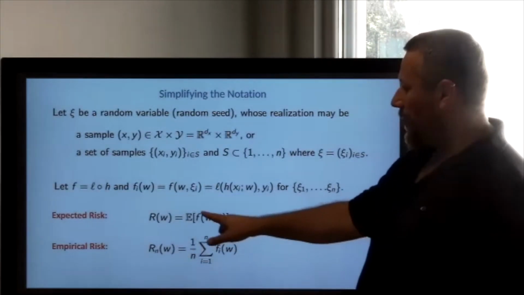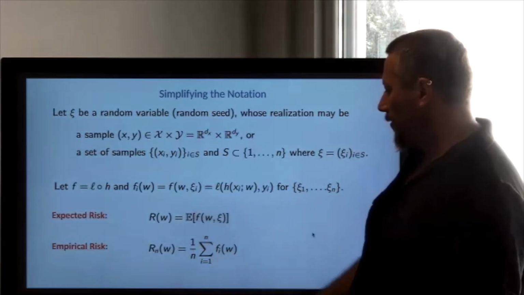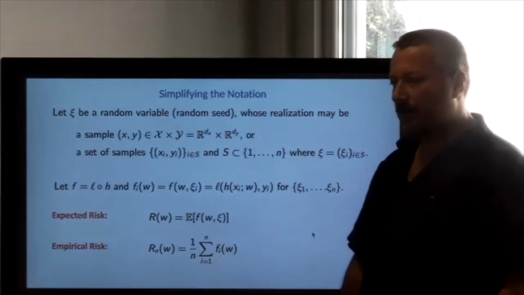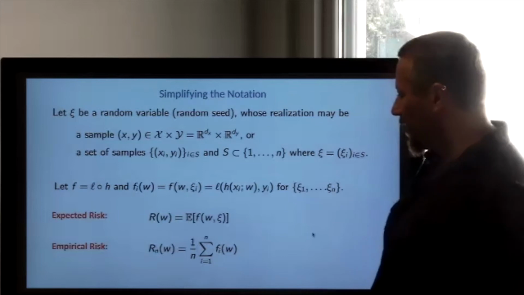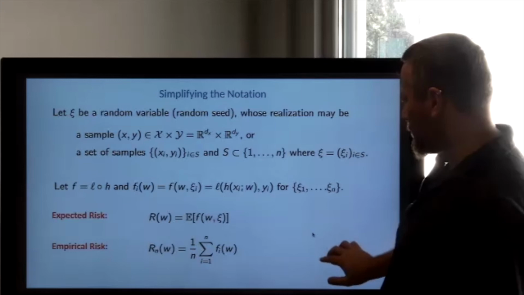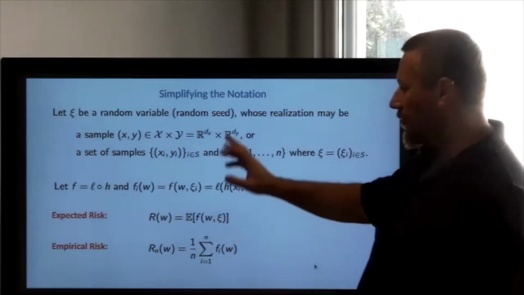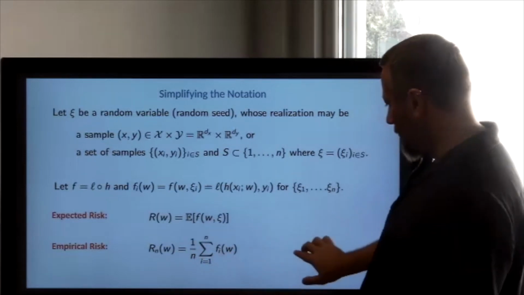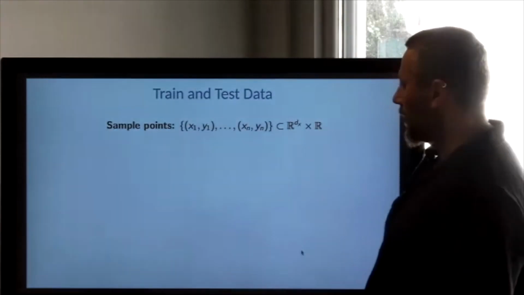So either we minimize the expected risk problem given by this expected value, or this empirical risk problem, which is just a finite sum function, and we want to minimize that. So in this class, most of the time, we will try to minimize these kinds of functions with stochastic gradient descent or variants of those.